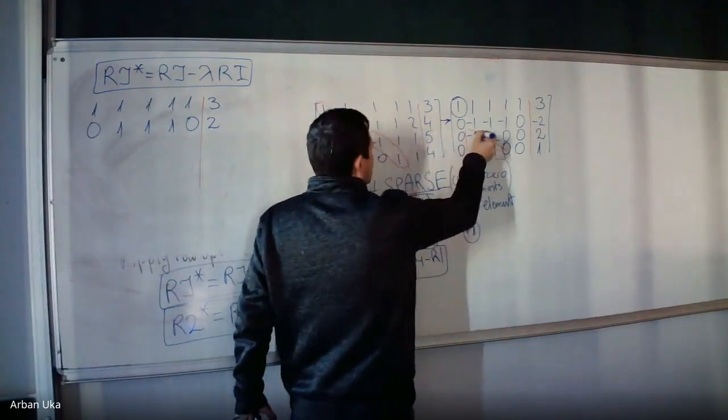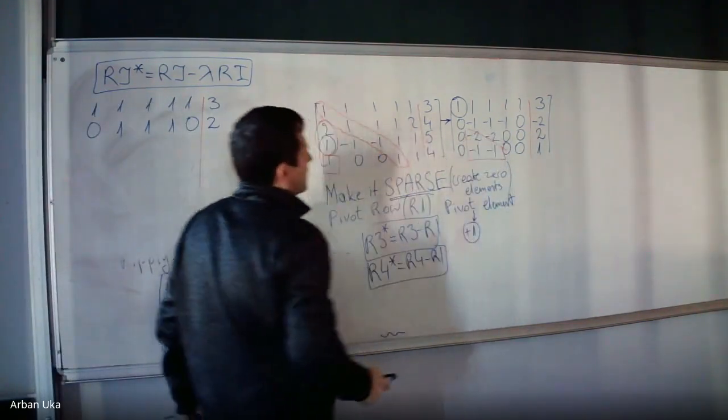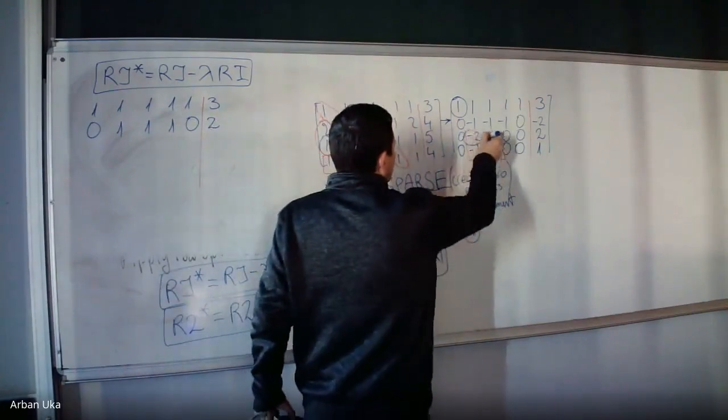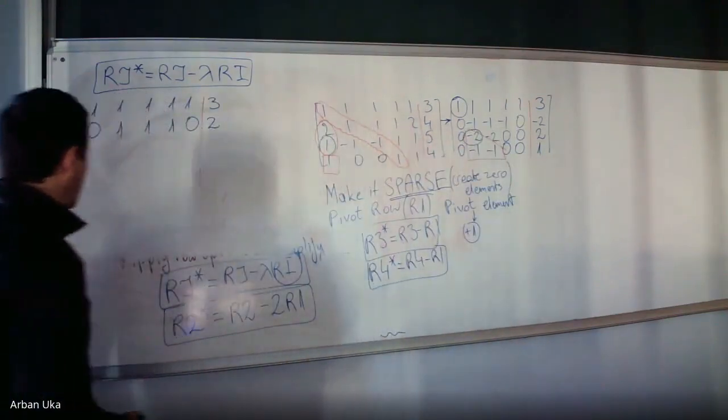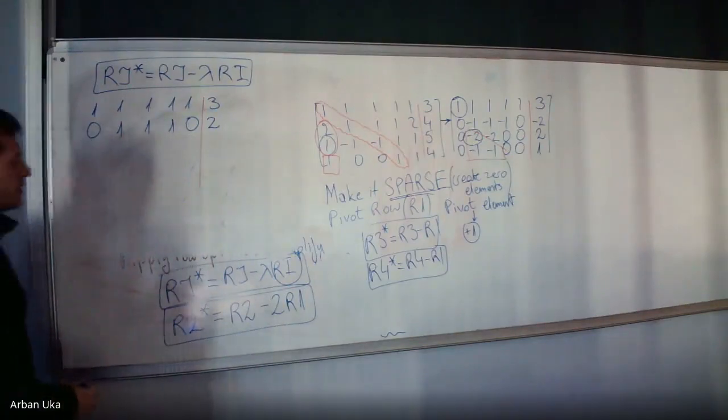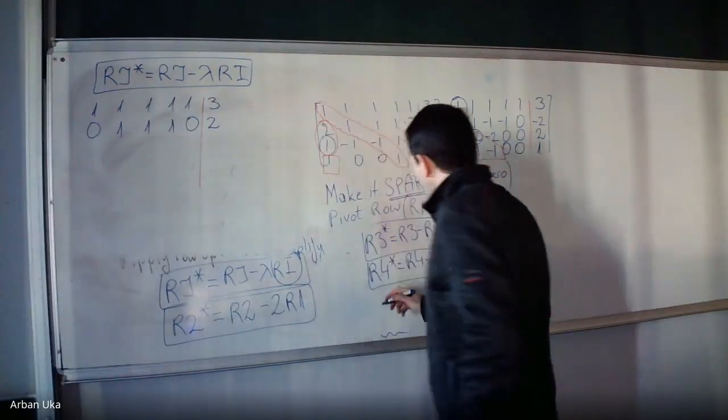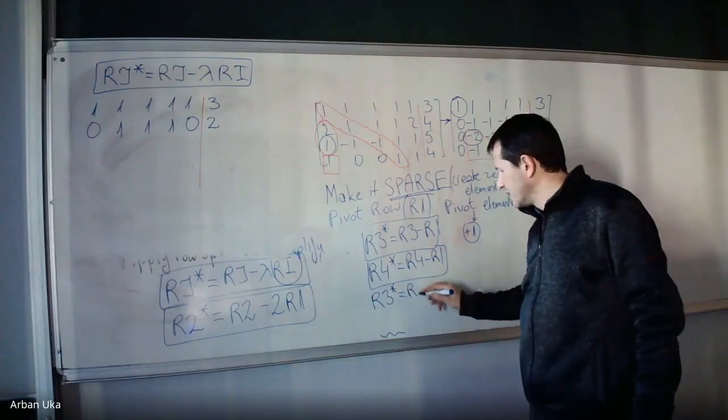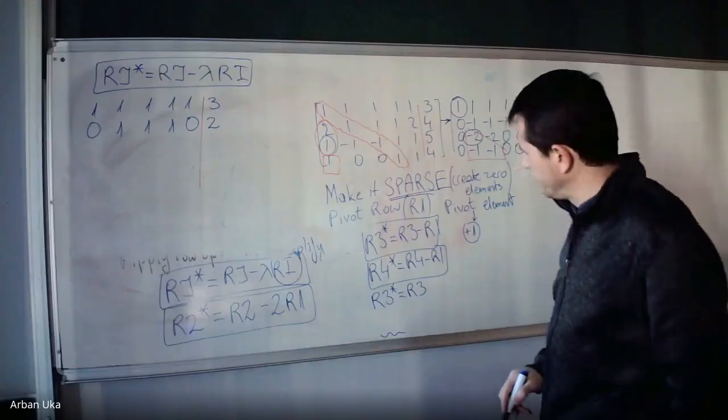And then the question is this: how can we make this number, this minus 2, how can we make it 0? So what should be the next equation? Multiply the second row with 2 and add them together? Okay, let me write this one.